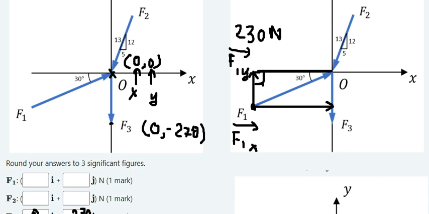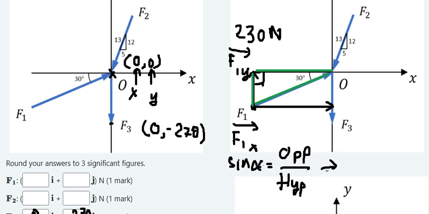So we want to find this vector in here. We have the right triangle in here. I will highlight the green color to make sure that you can understand. So this is about the right triangle. We have 30 degrees. We have 230 Newtons. We want to apply the formula in here. That is about sine of alpha, we have opposite divided by hypotenuse.